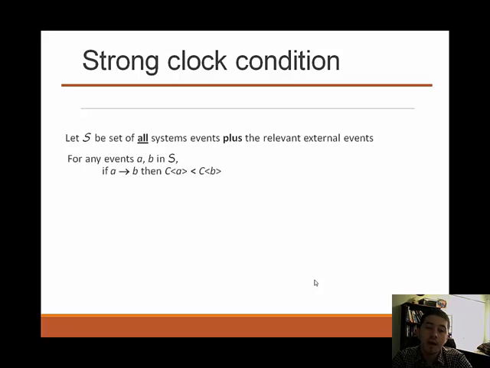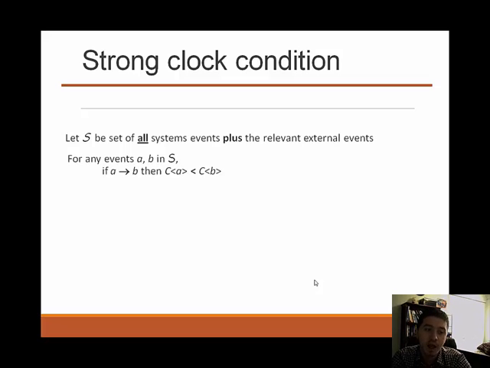So in order to have a total ordering of all events in a distributed system, we're going to have a strong clock condition, which is defined in the following way. We let S be the set of all system events, the events that are internal, plus the relevant external events that are happening outside of a process.